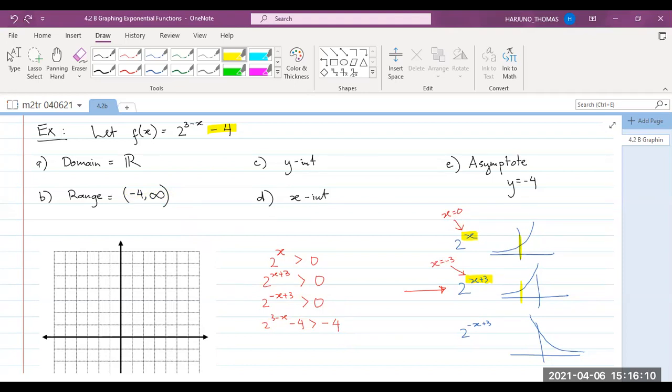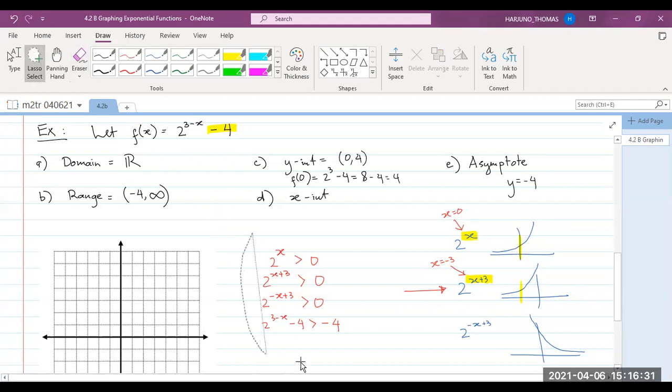Now, how about the y-intercept? We replace x by 0, right? So f(0) equals 2 cubed minus 4. That's 8 minus 4, which is 4. So the y-intercept is (0, 4).